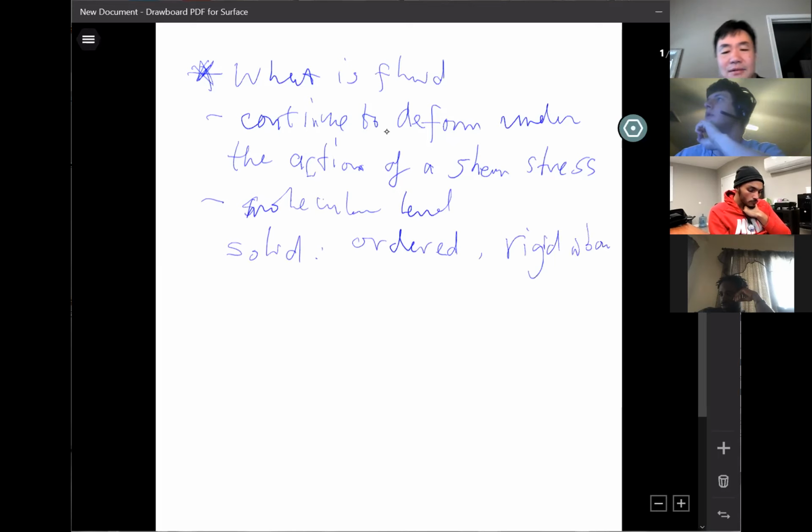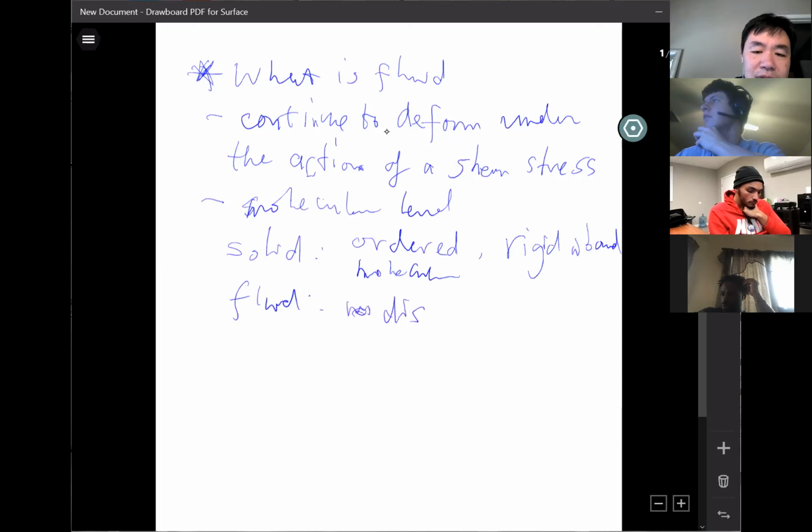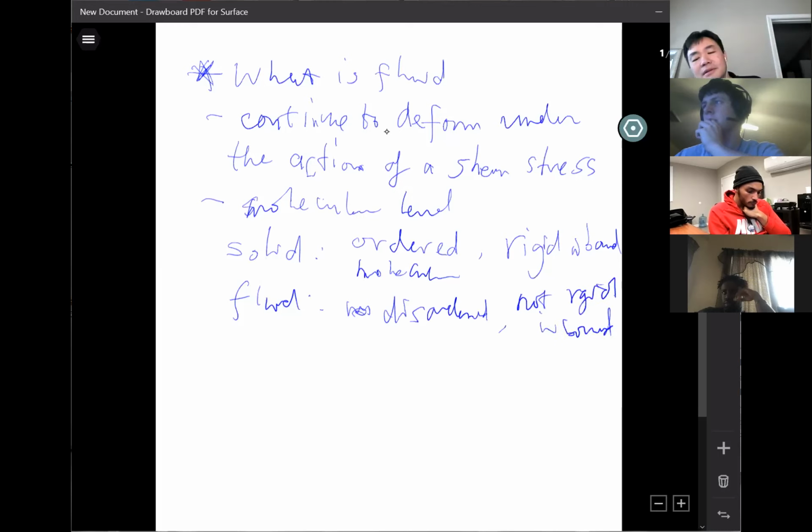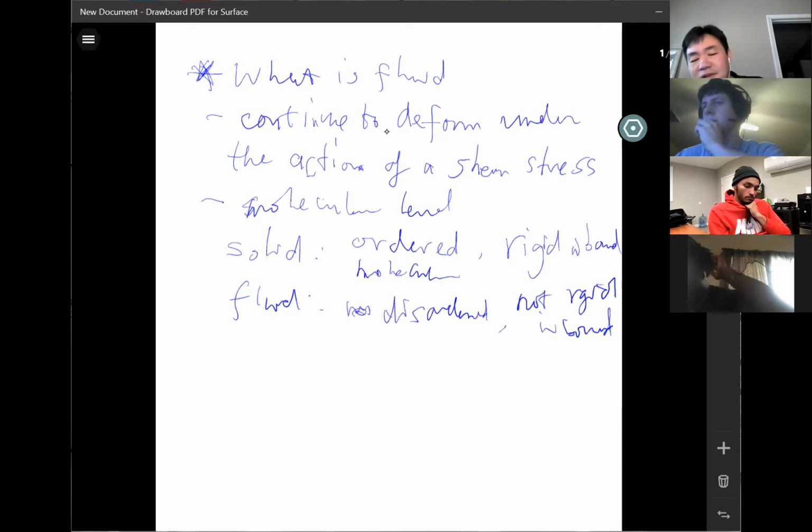At least that's one definition I can see. And for fluid, the molecular structure is disordered and not rigidly bound. I can find another one. If you Google the definition of fluid, you can find different ones. Different people define it different ways.